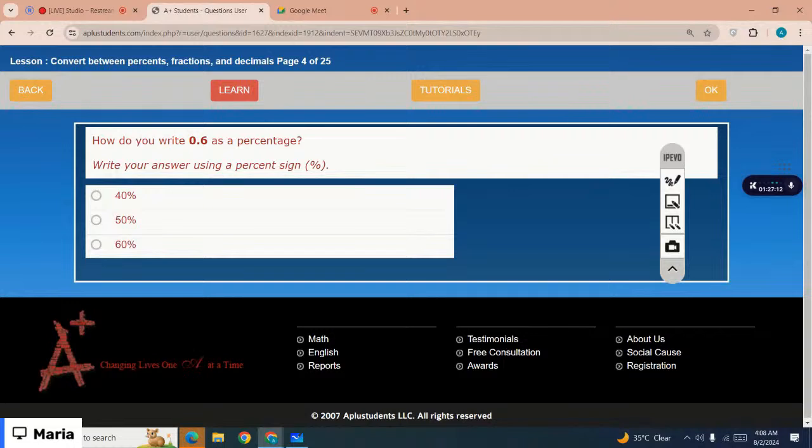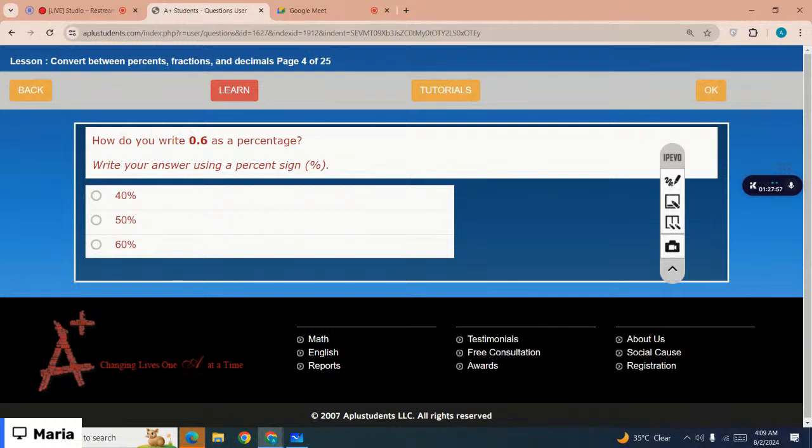Okay, how do you write 0.6 as a percentage? Whenever you have a decimal number given, you have to convert it into percentage form.